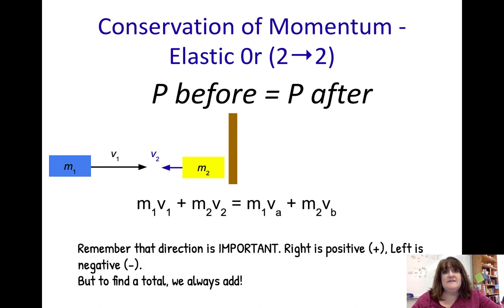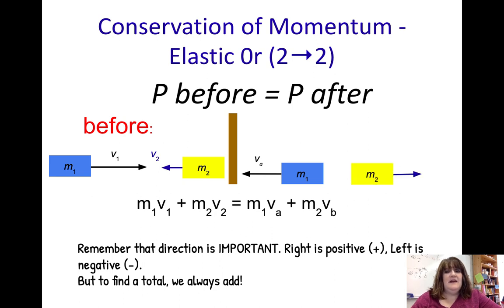Or like you saw in the simulations, maybe it's not even moving. This was before. And then maybe the blue one bounces backwards and the yellow one bounces backwards. This is your momentum after. The total momentum is conserved.